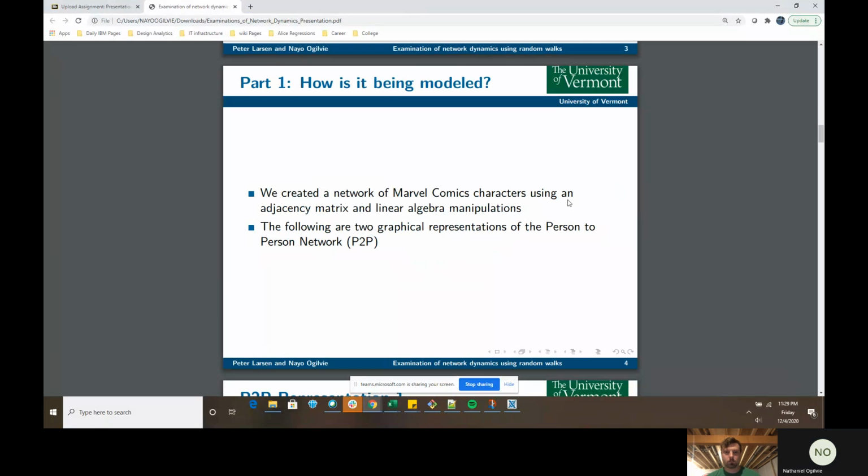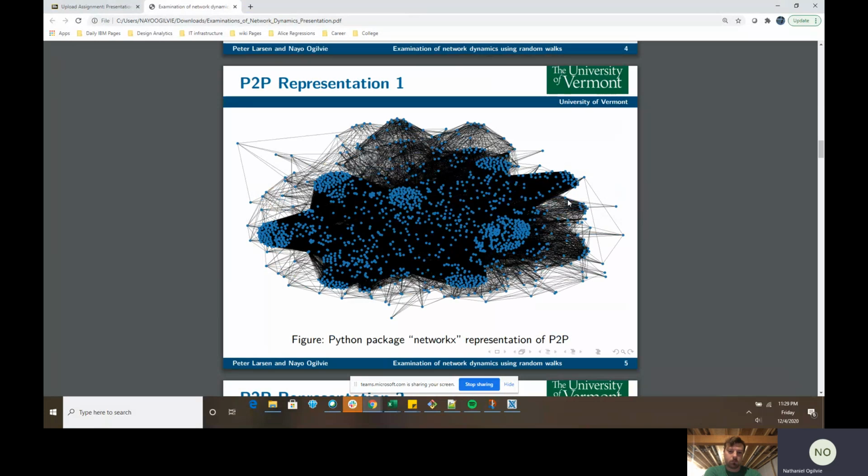So we've got two pictures below that have the graphical representations of the person-to-person network of the characters within this universe. So the first one here is displayed using the Python package NetworkX. In this case, each node represents a different character, and the edges represent the connection between those two characters.